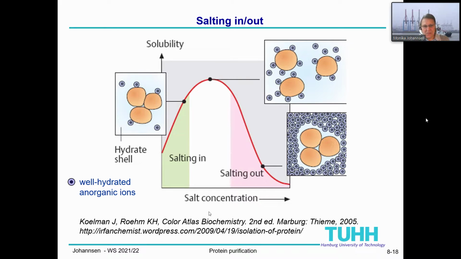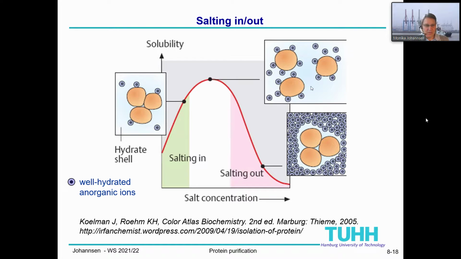So this effect you can also see here on this figure a bit. So again, the solubility increases as the ionic strength increases, because more and more of the well-hydrated inorganic ions, these blue circles here, are bound to the protein surface, and that prevents the aggregation of the molecules.